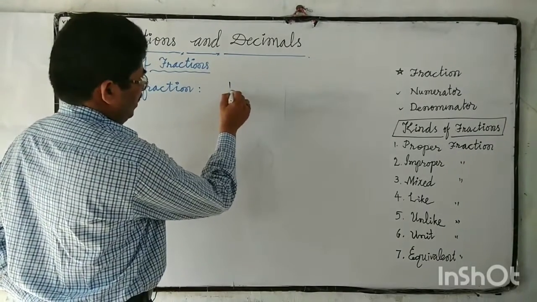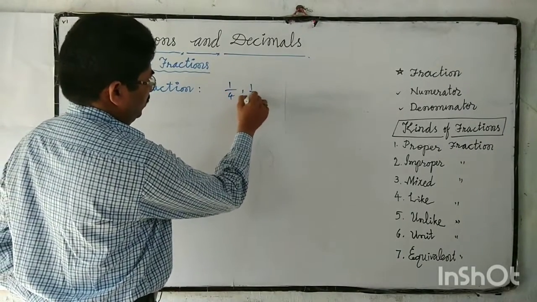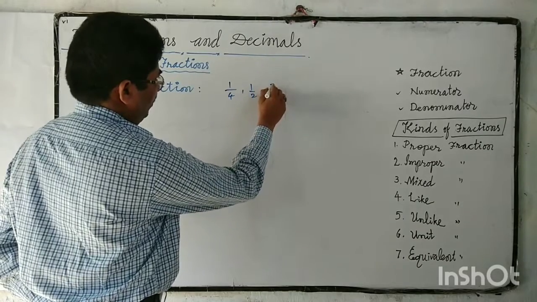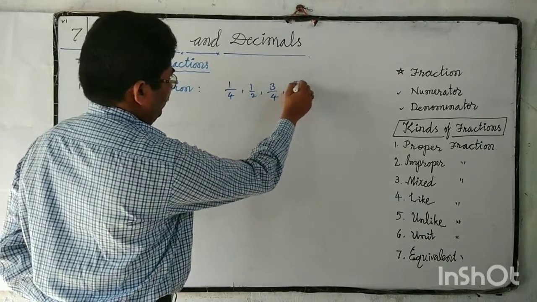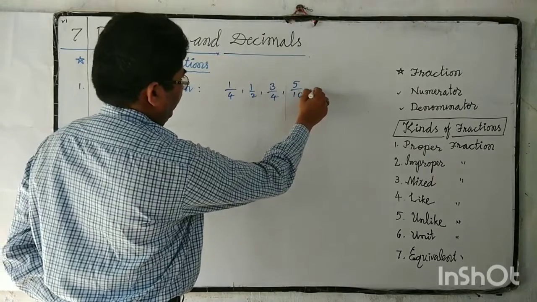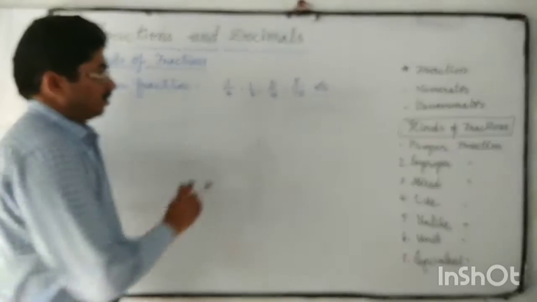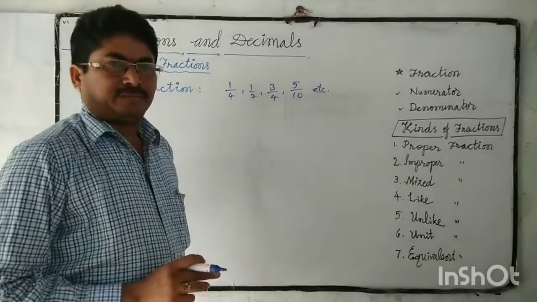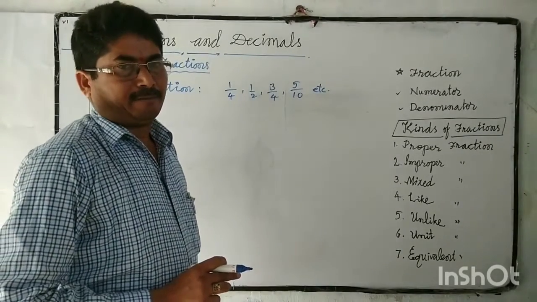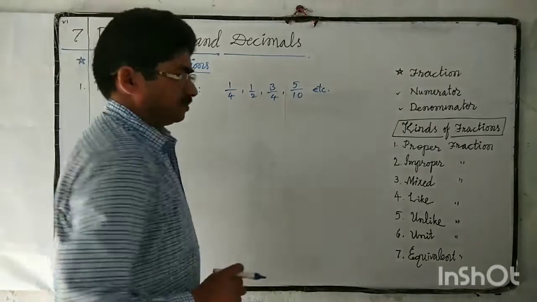Example, 1 by 4, 1 by 2, 3 by 4, 5 by 10, etc. The value of proper fraction is less than 1. We can understand this.